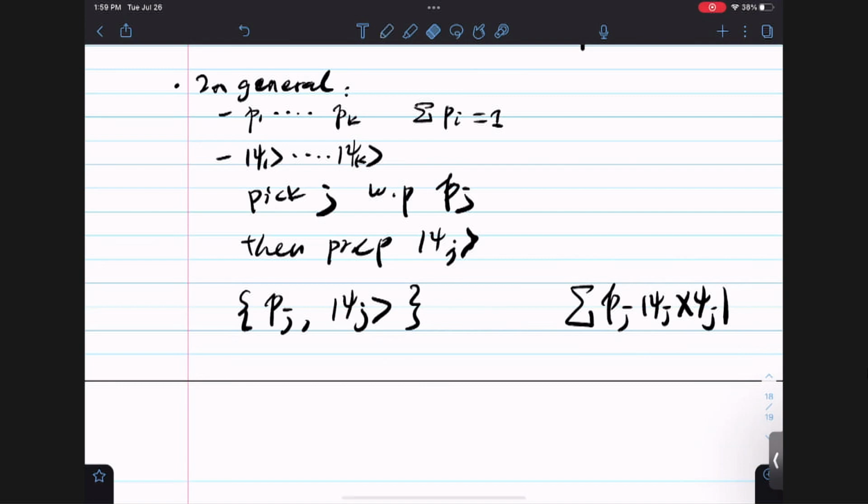Usually we write it using a lowercase Greek letter, like rho, sigma, pi, to denote a density matrix. Again, this is just a weighted average of a bunch of possible quantum states that we are familiar with.